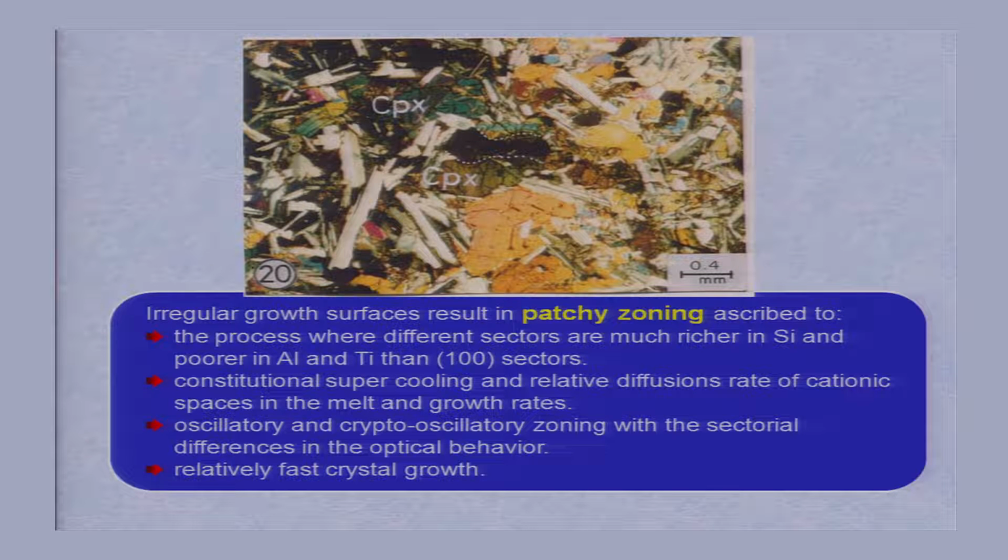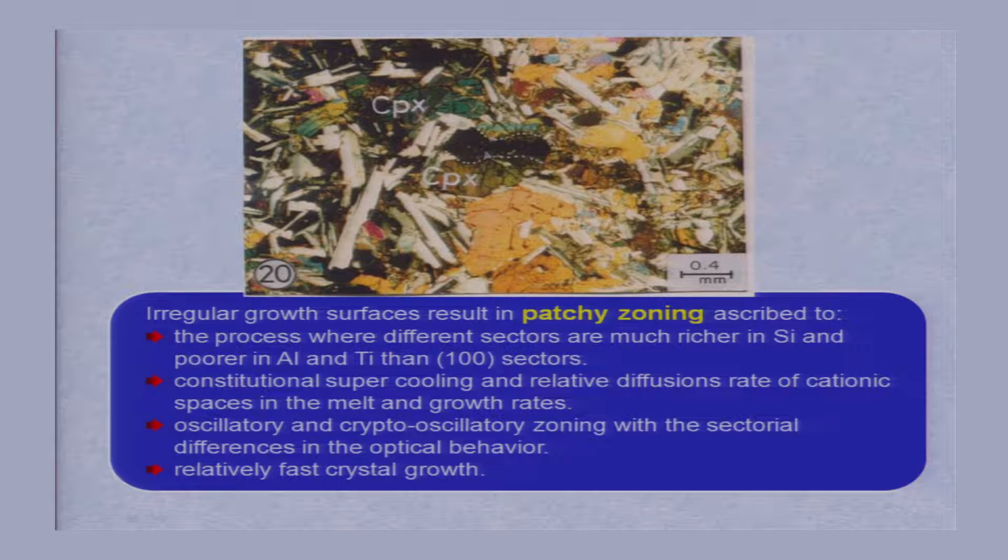This is the implication: constitutional supercooling and the relative diffusion rate of cationic species in the melt and growth rates. This is a second possible reason for the formation of irregular growth surfaces. Oscillatory and crypto-oscillatory zoning show sectoral differences in optical behavior.